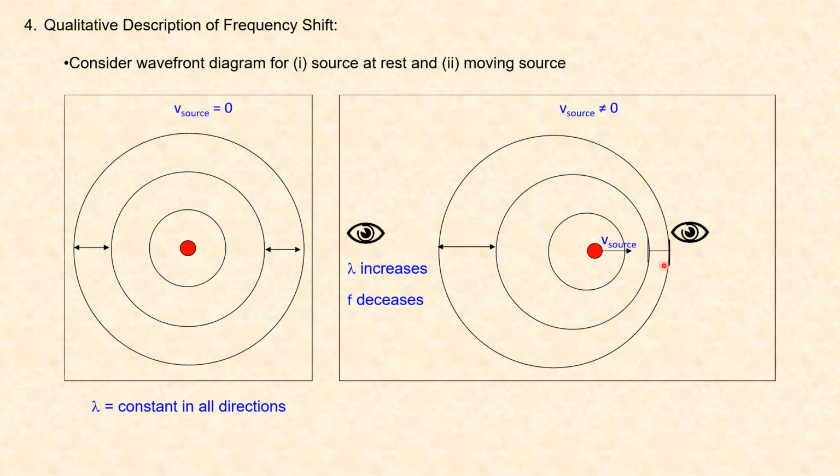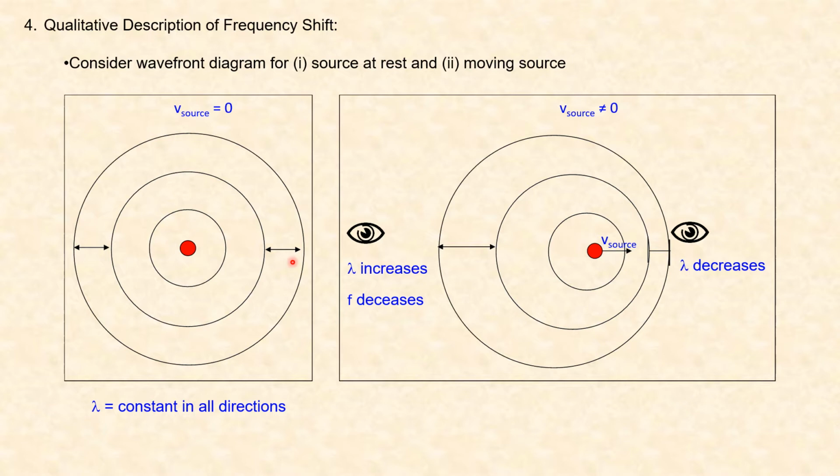Likewise, when we look at this region in front of the sound source, as the source moves towards the observer, the source of sound is in a sense catching up to the waves it has just emitted. This causes the wave fronts to get crowded in the region in front. And you can see here very clearly that this causes the wavelength to decrease compared to the wavelength when the source was at rest.